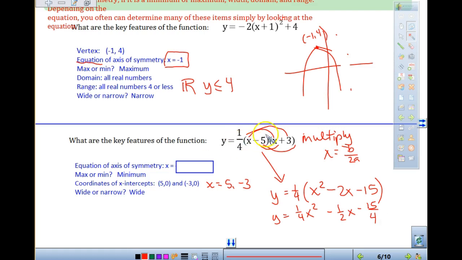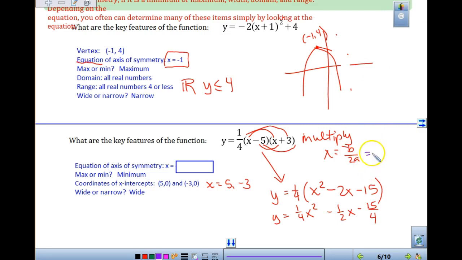I need to go back now and find x equals negative b over 2a. When I am looking at this equation, my negative b, Ryan, is going to be 1/2. We have to be careful here: it's going to be minus a negative 1/2, divided by 2 times a, and a is 1/4. 2 times a fourth gives us 0.5, and minus a negative half gives us 0.5.